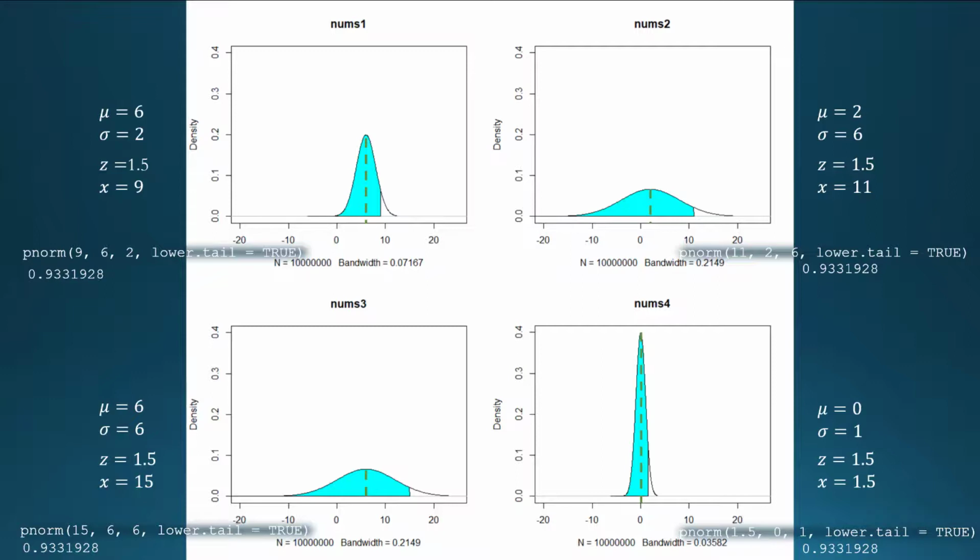So sometimes we're given the z-score, sometimes we're given the value of x. And so when we're given the z-score, like for instance, when we're finding z star, we're given the z-score and we're trying to find what the value is, then we just use the standard normal distribution.